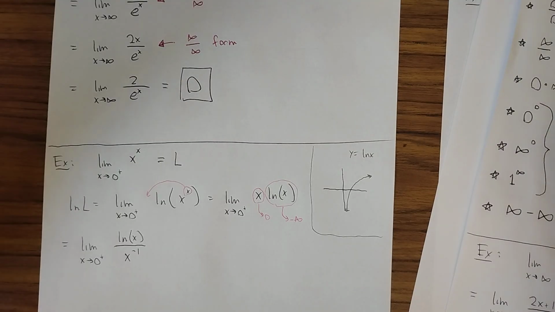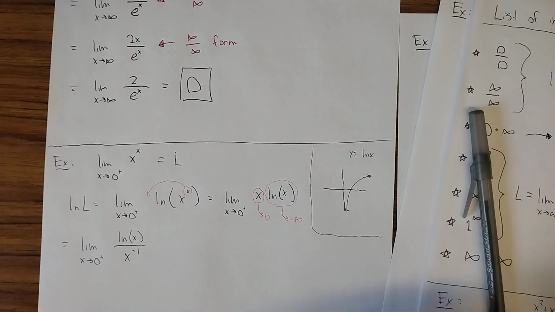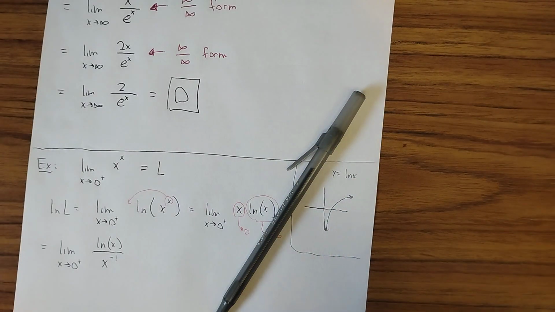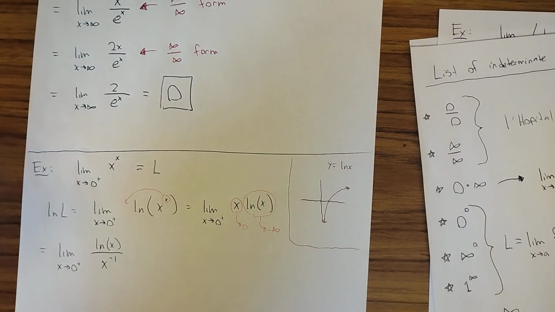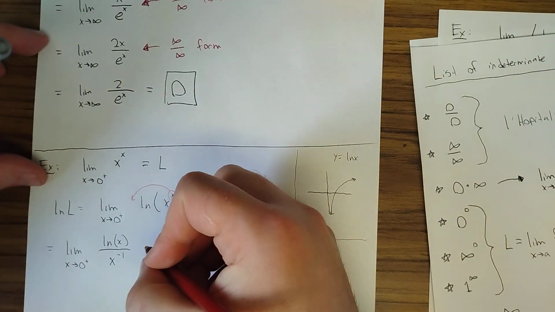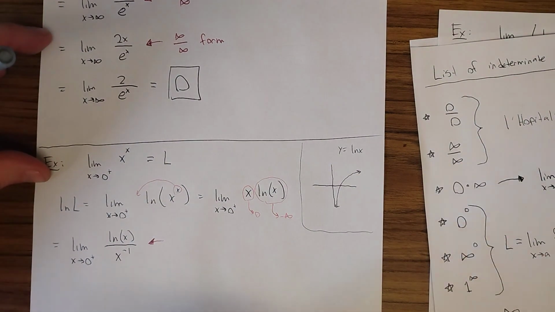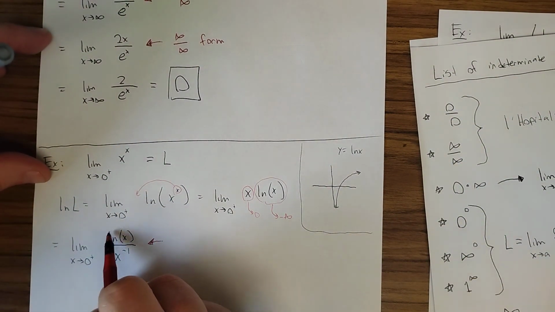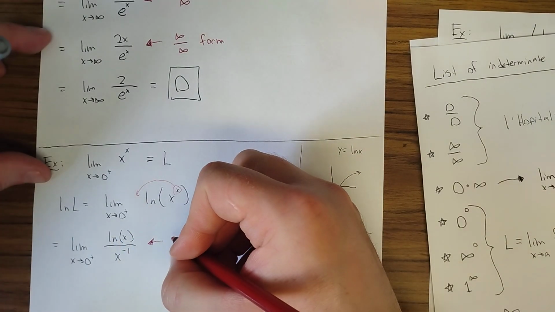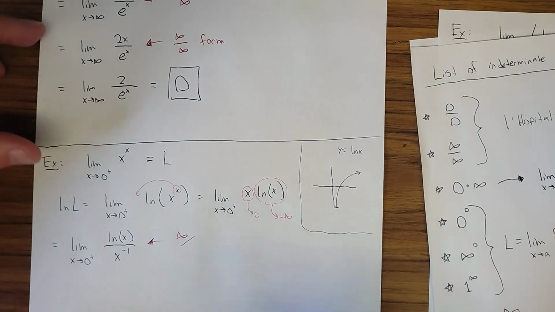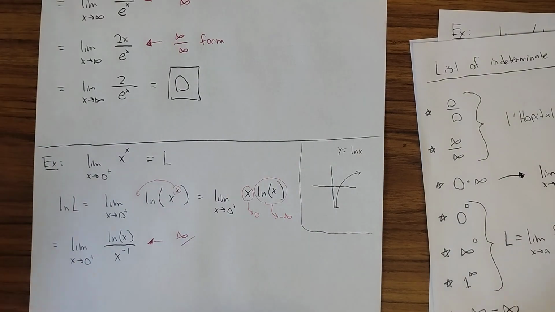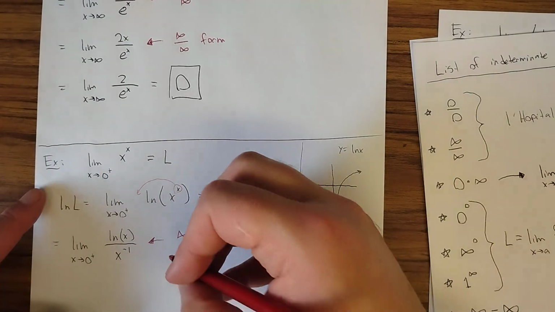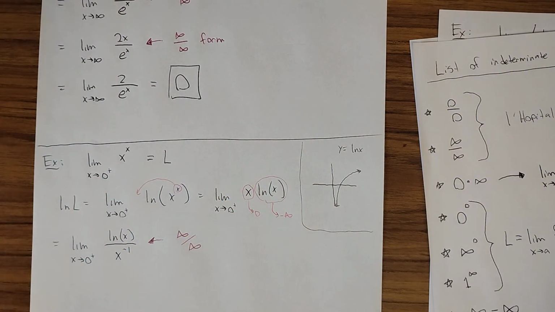So, alright, I'm about to use L'Hopital's rule, but let me justify it first. So x is going to 0 from the right. As we talked about, ln x goes to negative infinity, but when we're in this context, I'll just write infinity. X to the minus 1, as x goes to 0, this is like 1 over 0, which we call infinity.